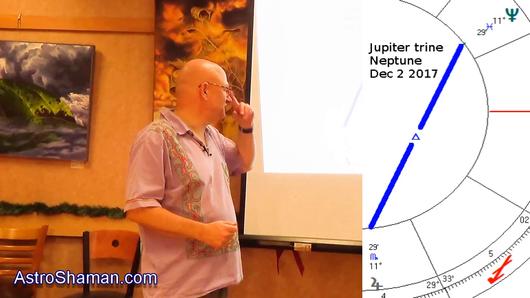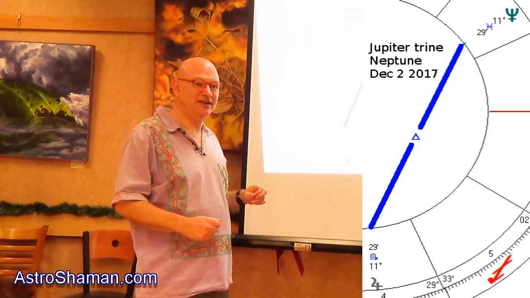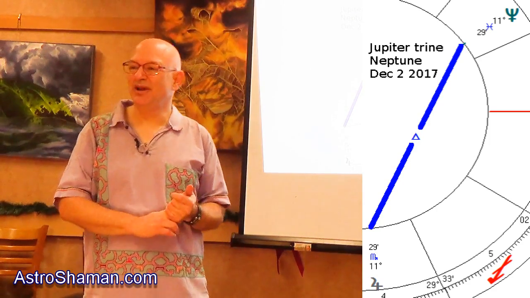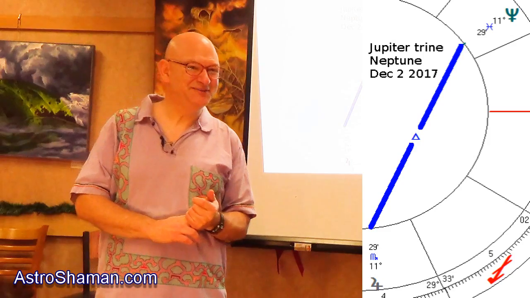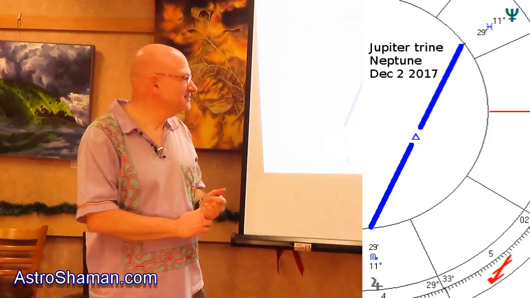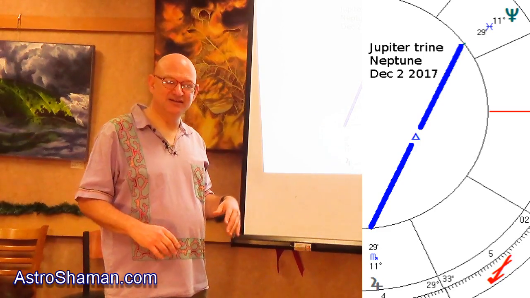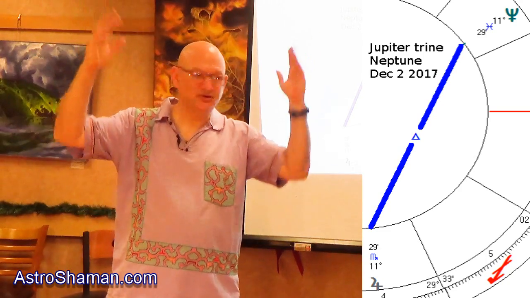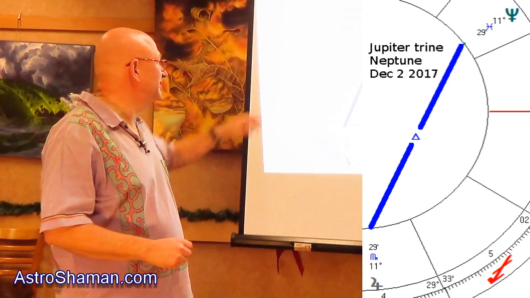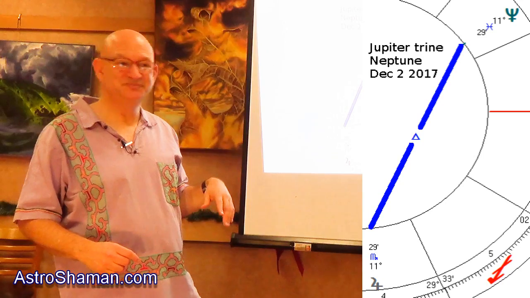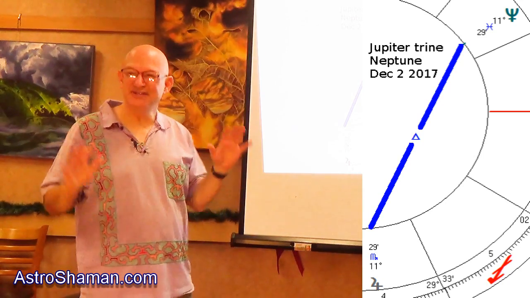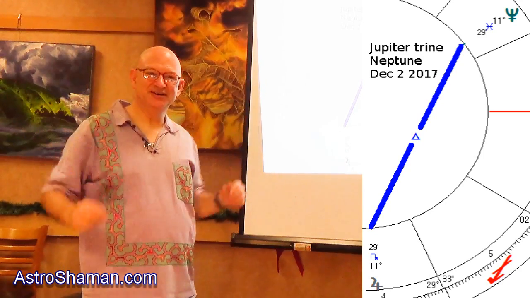So if you've got a strong Neptune, my strategy always with planets is if you keep them busy on the high side, they won't have much energy left to bother you on the low side. So if you're feeling into those low side effects, get involved with your spiritual growth or your creative expression or your dream play, and that'll give Neptune something better to do. Okay, I know it's not always that simple, but it's a good step in the right direction.